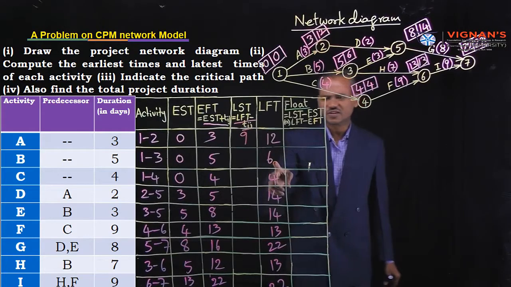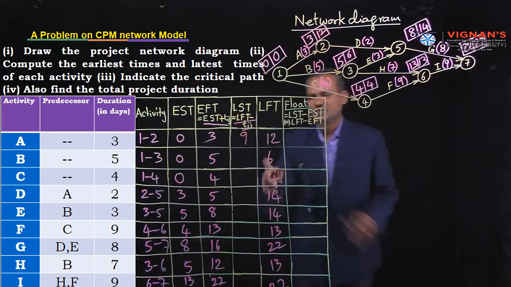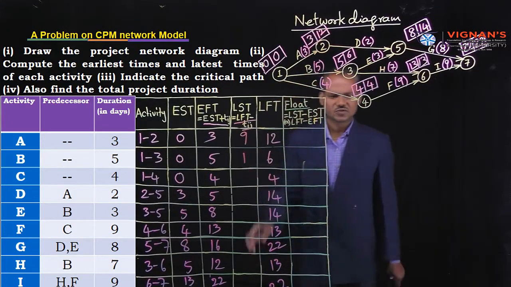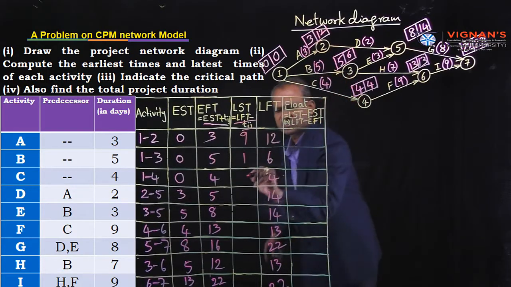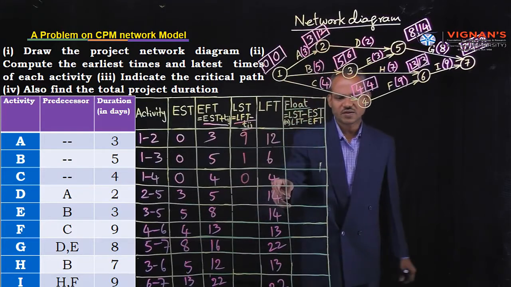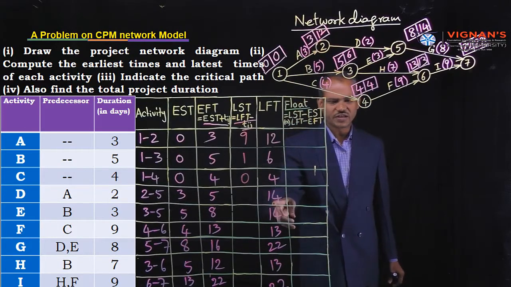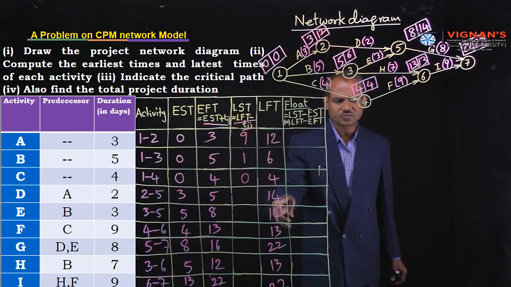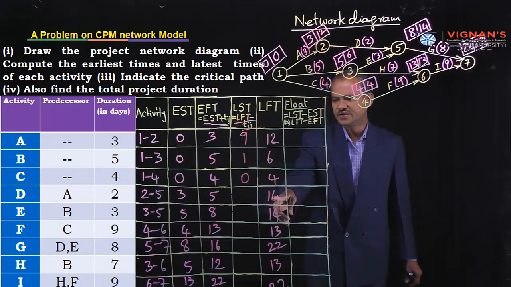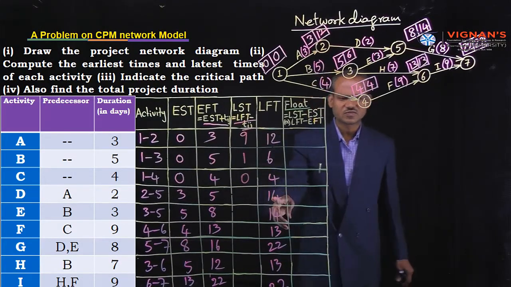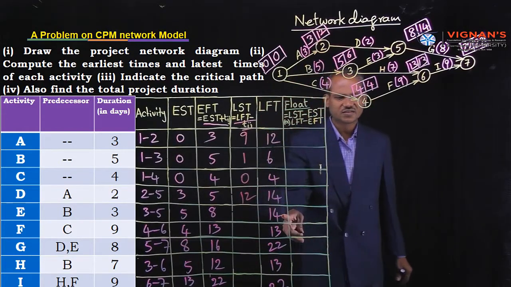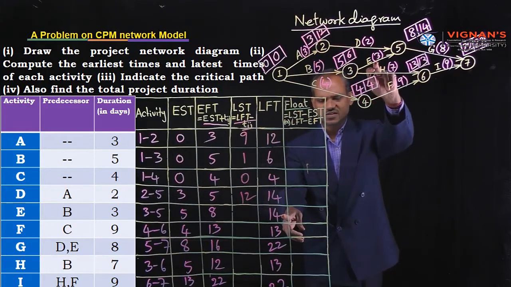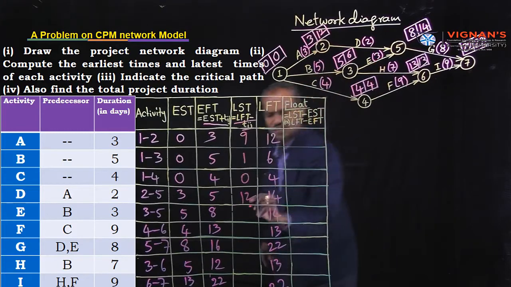That means B activity. 6 minus 5, 1. Duration of activity B is 5. Next, 4 minus 4, 0. Okay. Next, 14 minus 2 for activity D. 14 minus 2, 12. Next, consider 3 to 5 activity known as E. Duration is 3. 14 minus 3, 11.